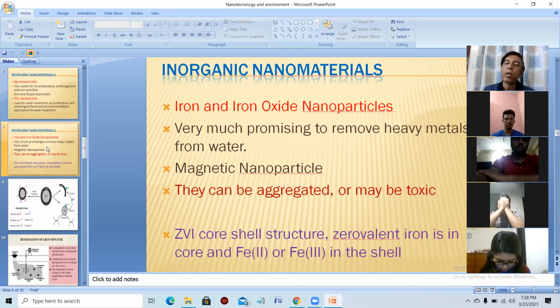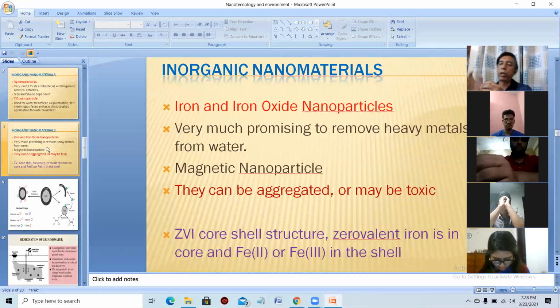I have told you that the nanomaterial itself is a pollutant or contaminant. It is very dangerous. So we have to remove the nanomaterial from the solution. We cannot use any nanomaterial which can absorb, remove, or react with the pollutant or contaminant without separating it.